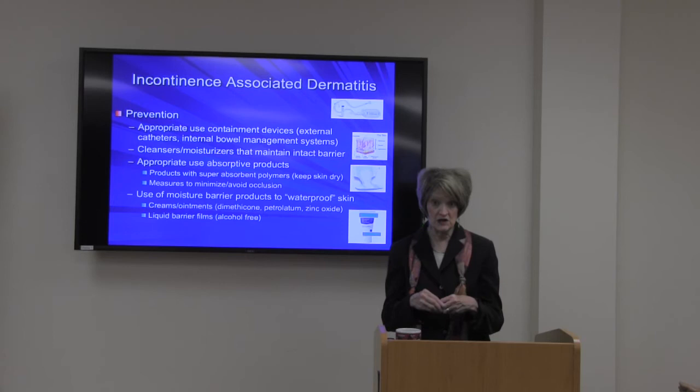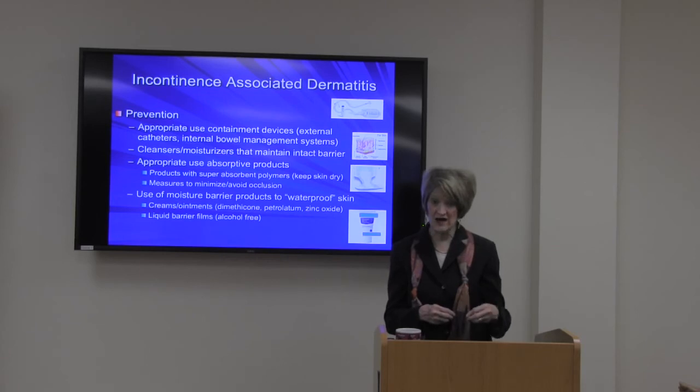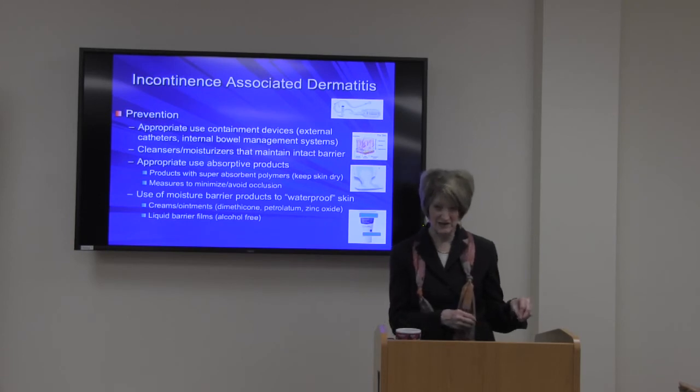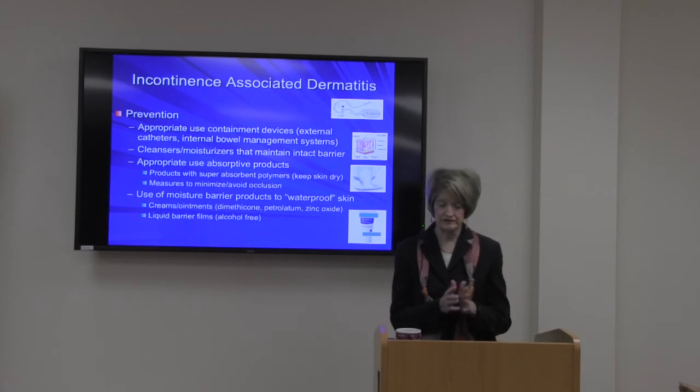As soon as you close it up, the perineal skin begins to sweat. When you have hot, wet skin, you have extremely vulnerable skin. Remember, cool, dry skin is healthy, happy skin. Hot, wet skin is vulnerable. So we want to minimize occlusion. Now, there's a couple of things we can do.